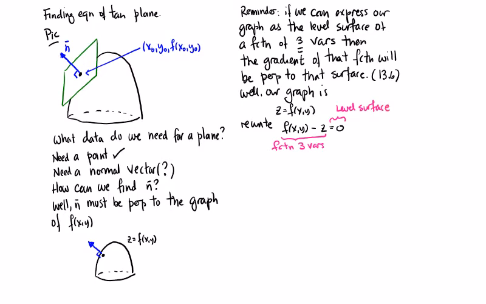In other words, let's just be clear about that. It's a bit of a sloppy sentence. The function f of x, y minus z is a function of 3 variables. And when that function equals 0, we get the graph of our surface.